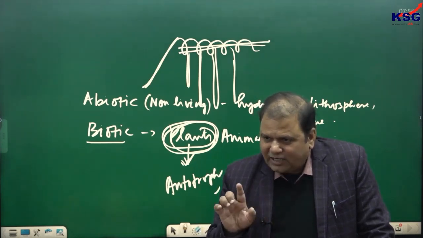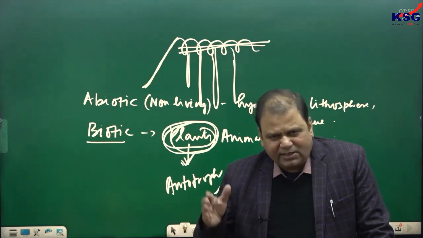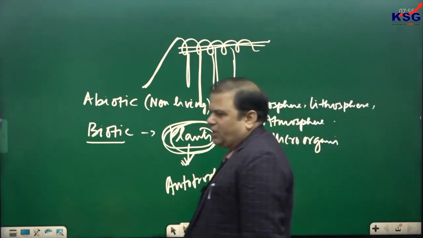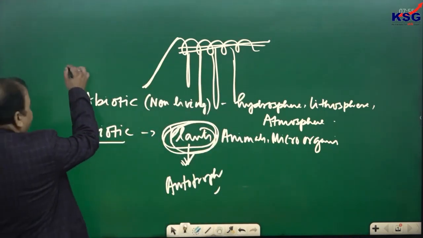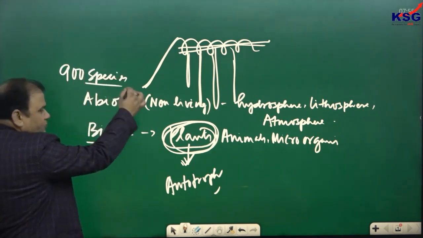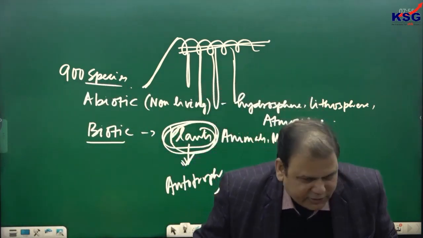And let's look at different types of algae. Clear? Write down: there are more than 900 species of algae present in the coastal areas of India.